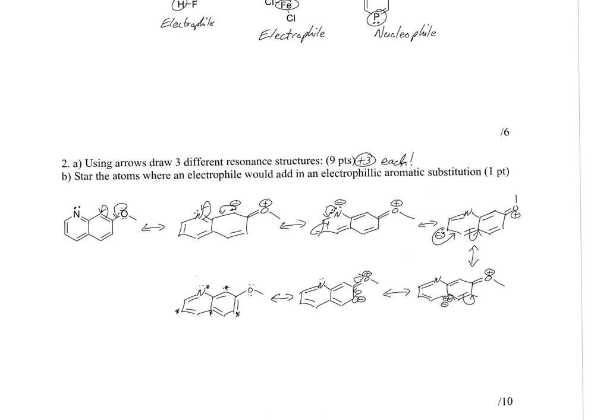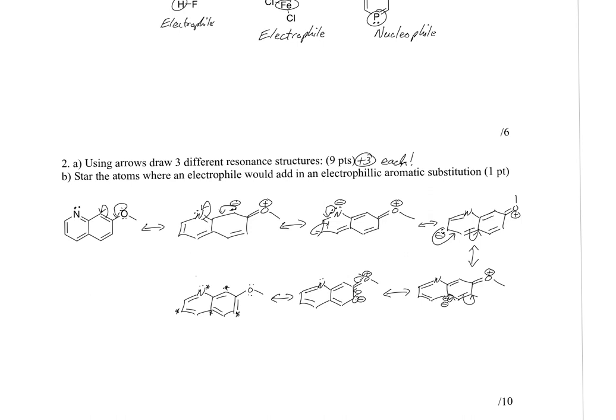So you draw some resonance forms here, and you get a negative charge there. Another resonance form breaks the pi bond and goes to nitrogen. Another resonance form, right? I only asked for 3. I think I drew 1, 2, 3, 4, 5. You only needed 3. And then all the carbons that end up with a lone pair and the negative charge would be considered electron rich, and those are places where an electrophile in theory could add.